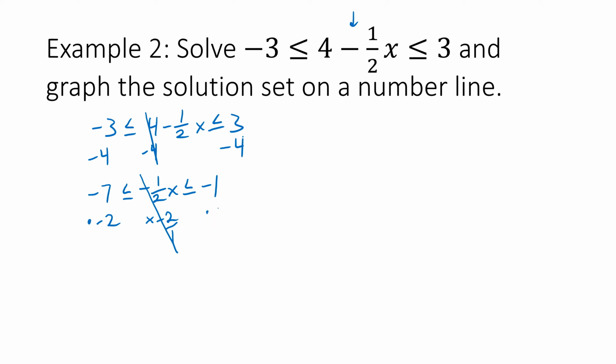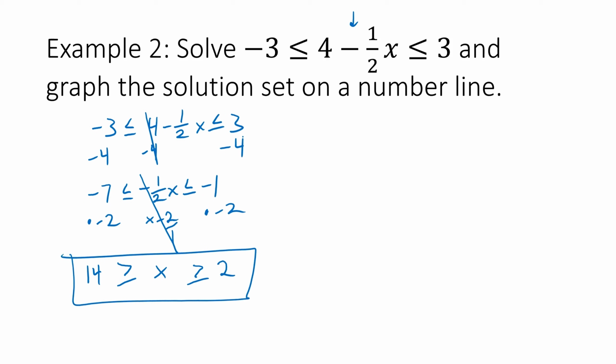I also need to multiply the negative 1 by negative 2. And you should be thinking to yourself, flip the direction of the inequalities because I multiplied or divided by a negative number. So negative 7 times negative 2 is 14. I'm left with just x in the middle. Negative 1 times negative 2 is 2. And I flipped the directions of my sign. Here's my final answer.